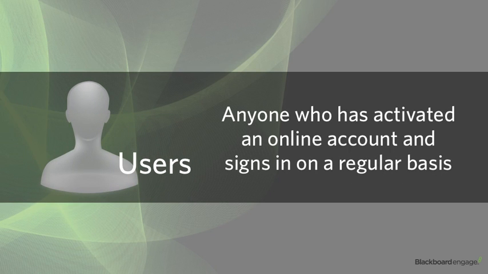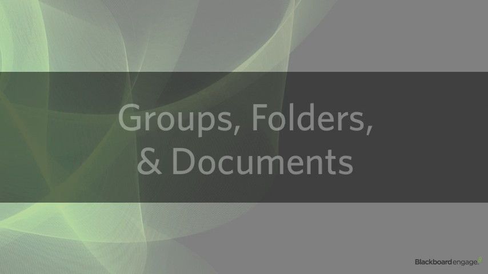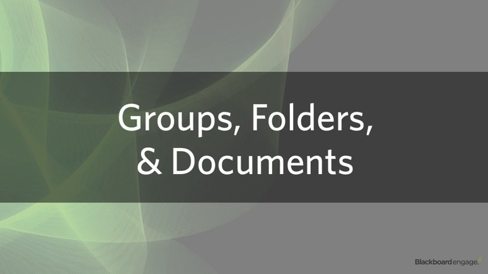Users include anyone who has activated an account and signs in on a regular basis. The other three components are used to organize and display content on various pages within a school or district website. Let's take a look at how all these components fit together to make up your website.